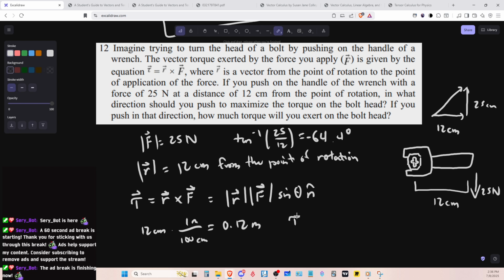So the torque, based on what I calculated, is about -2.71.